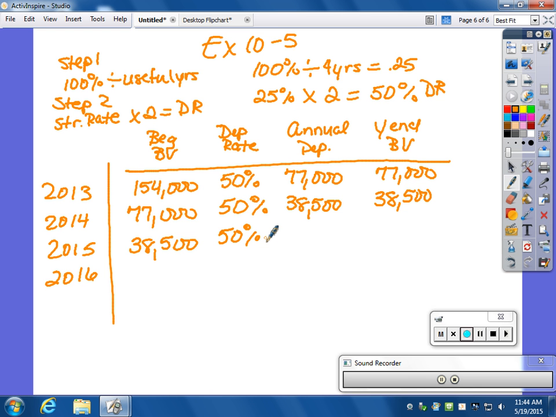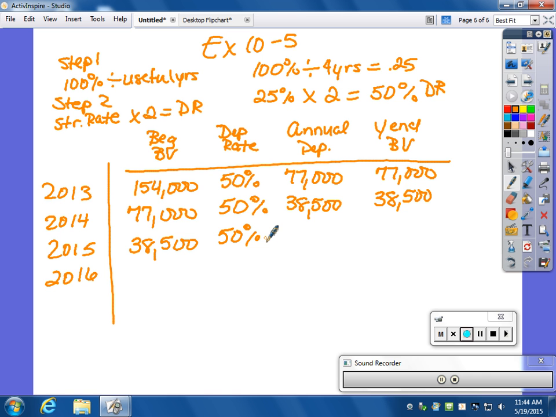What is it? 32,250? No, it's not. The salvage value is 25,000, because we're using the information from the first one. Yeah, but what are you missing?